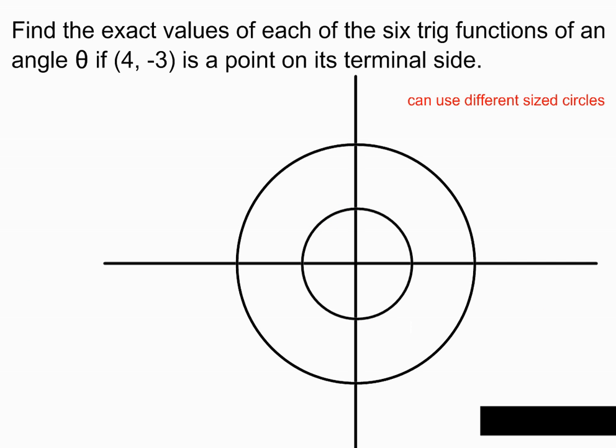So we're going to find the exact values of each of the 6 trig functions of an angle theta if (4, negative 3) is a point on the terminal side. So this is very different than the last problem that said the point was on the unit circle.